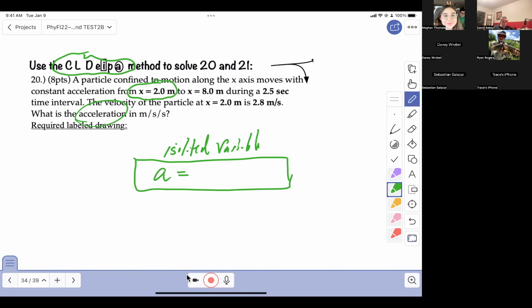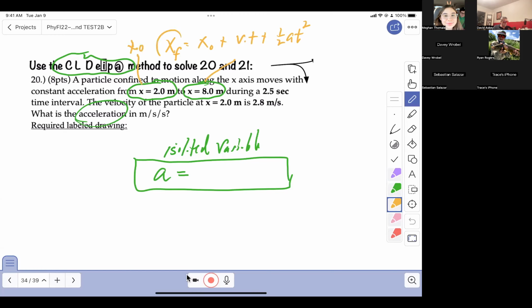So we circle and label. This is kind of weird because there's a 2, it looks like we're going to use the other version of the second orange equation, which is X final equals X naught plus V naught T plus 1/2 A T squared, because that's my X naught, and that's my X final.